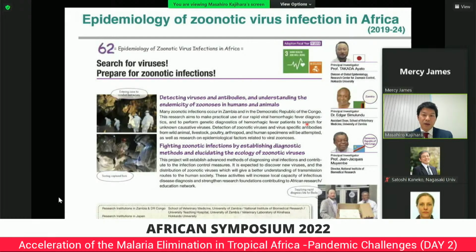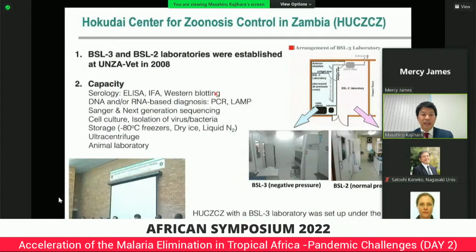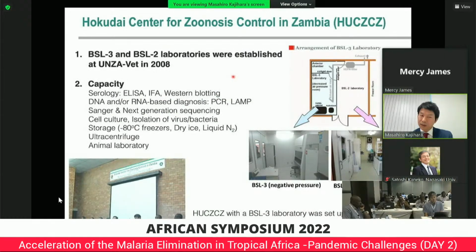Through these kinds of projects, we have established the Hokudai Center for Zoonosis Control in Zambia. This center has BSL-2 and 3 laboratories, and we have enough capacity to perform a variety of experiments required for infectious disease study. We also have a mobile laboratory as well.